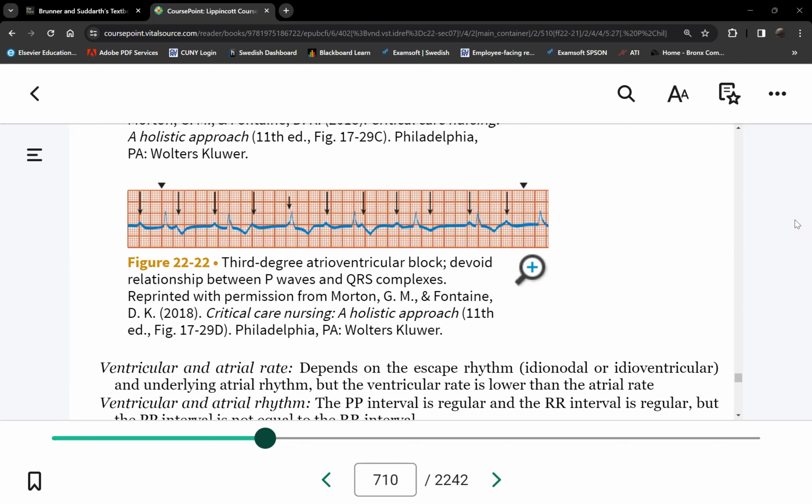So I have about 50 something, right? 50 something atrial rate. Let's count the ventricular rate. 1, 2, 3, 4, 5. Okay, almost the same. Wait a minute. Let's look at it clearer.